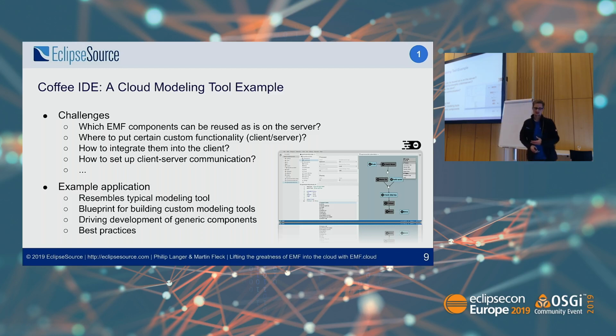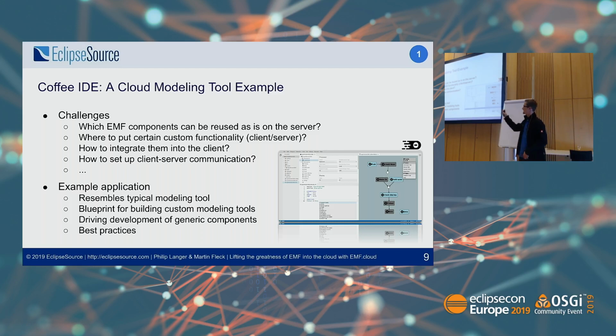For instance, which EMF components can be reused in the server, how to integrate them there, where to put custom specific functionality. Is it better to put it on the client side or do it on the server? What is the bandwidth of reuse potential when we do it this way or the other way, and so forth, how to do the client-server communication, and so on.